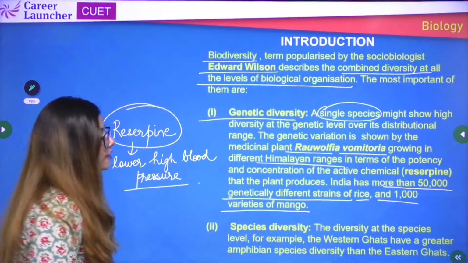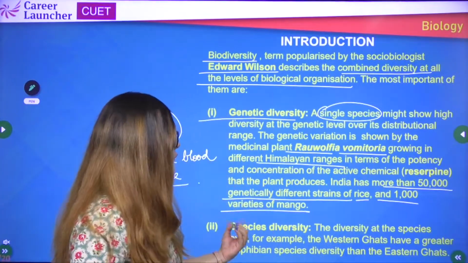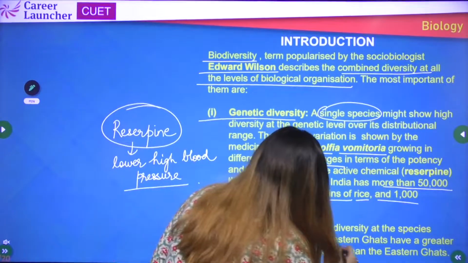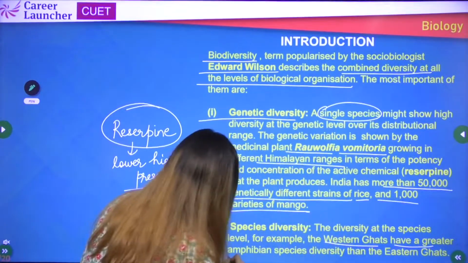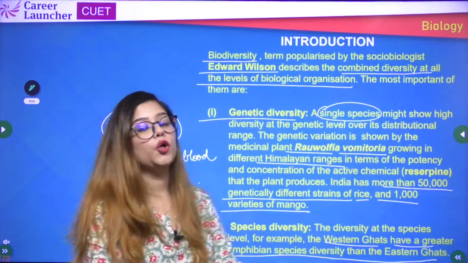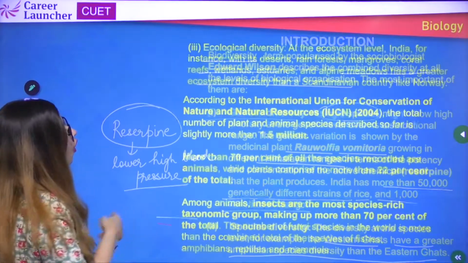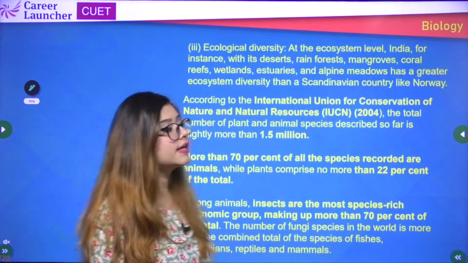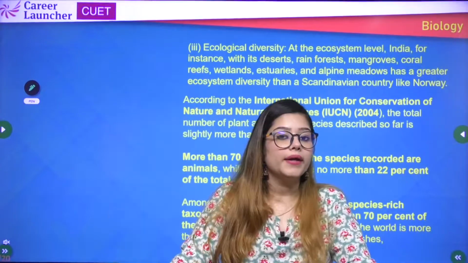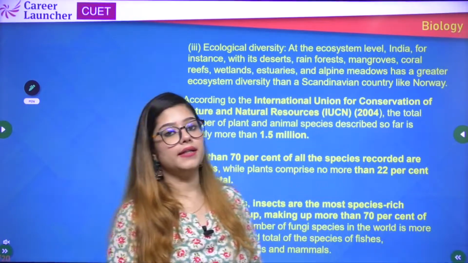Next, species diversity, the diversity at the species level. For example, Western Ghats have a greater amphibian species diversity as compared to Eastern Ghats, right? So that is the second aspect of biodiversity. Third is ecological diversity. So at the ecosystem level also we see a lot of diversity.